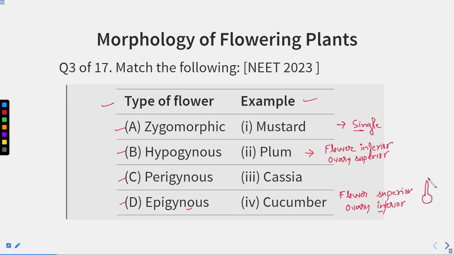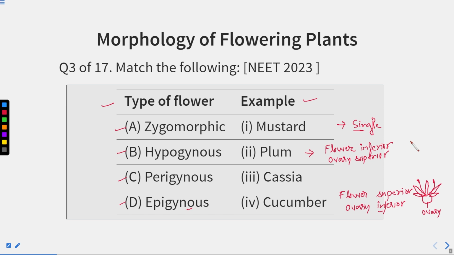Suppose this is the ovary. This is the gynoecium. Now the ovary is inferior, so sepals and petals will arise from here. Now the flower is superior here. Suppose these are stamens, and then we have petals, and here we have sepals.